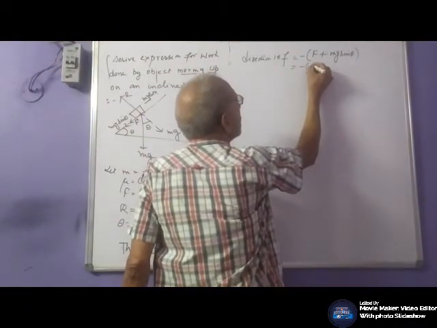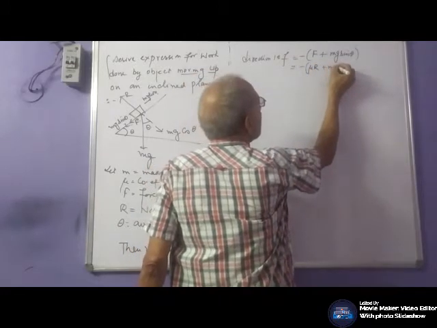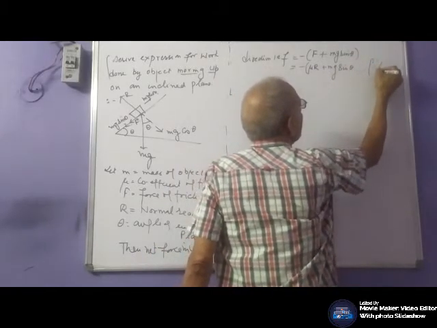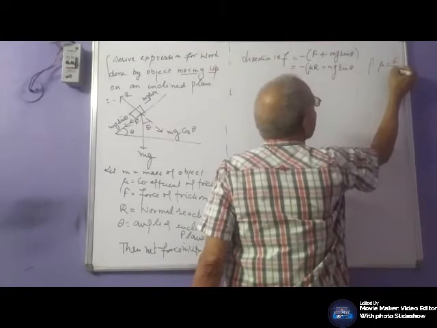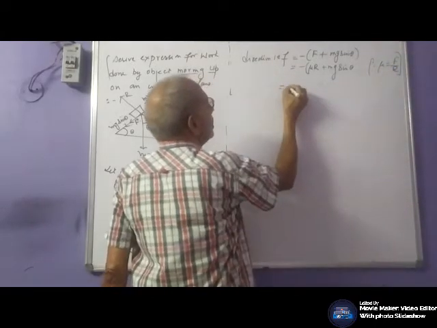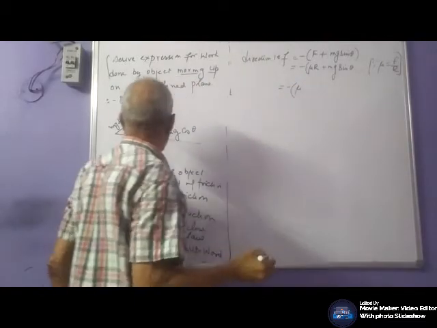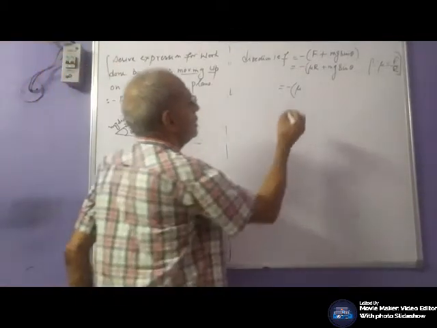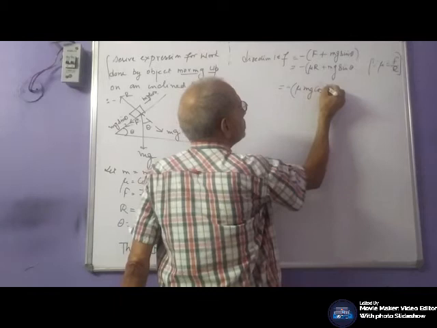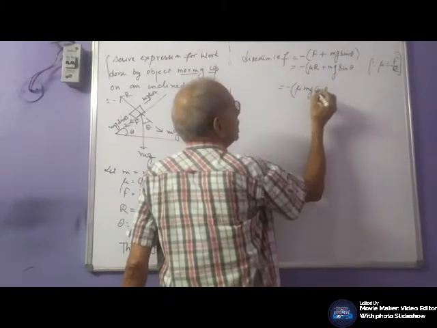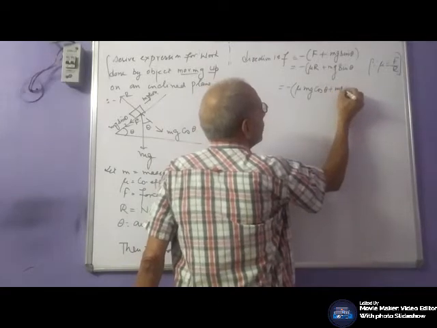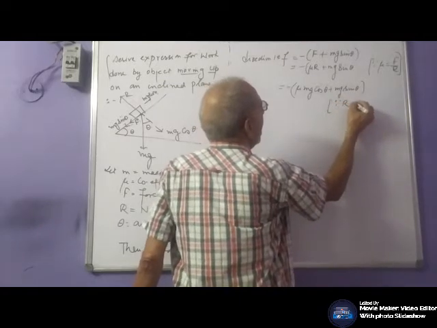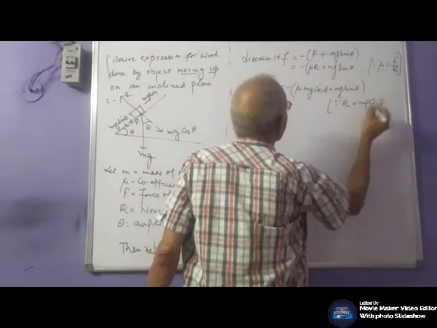F is mu R. This is R, which is in opposite to mg cos theta. R is mg cos theta.